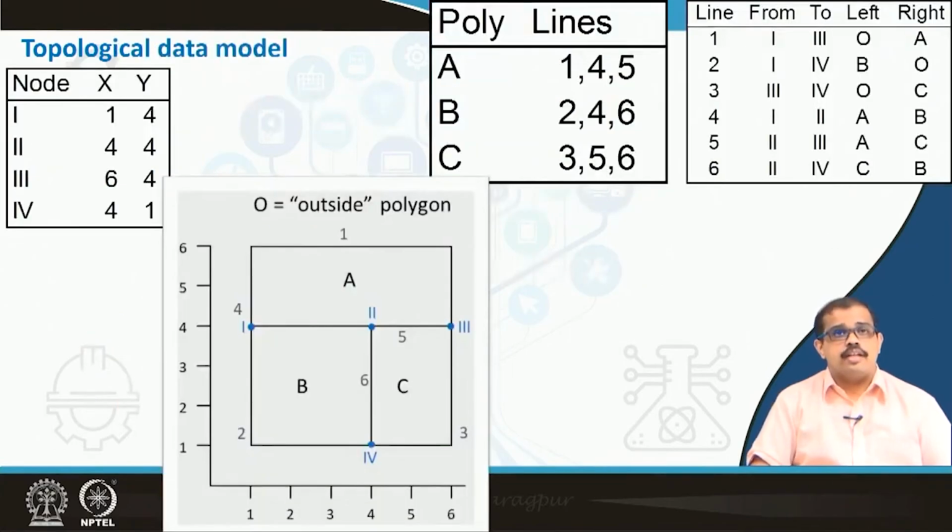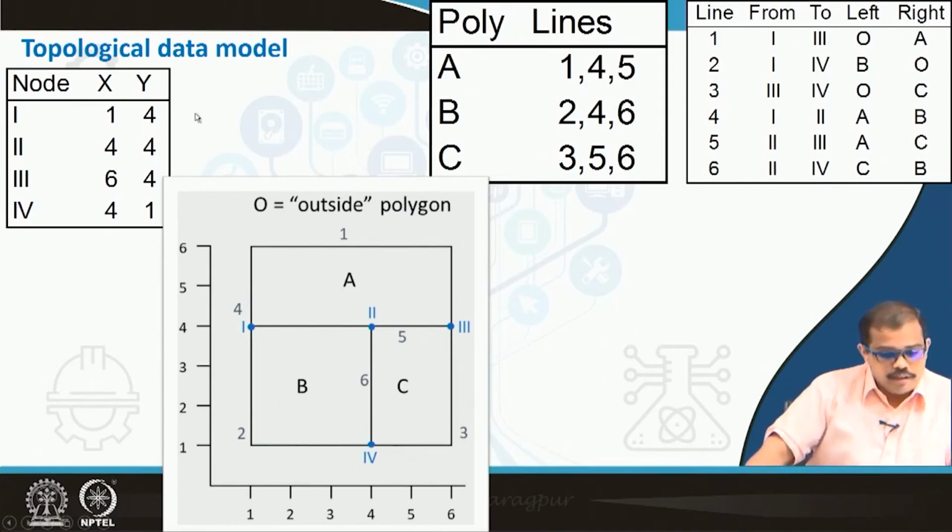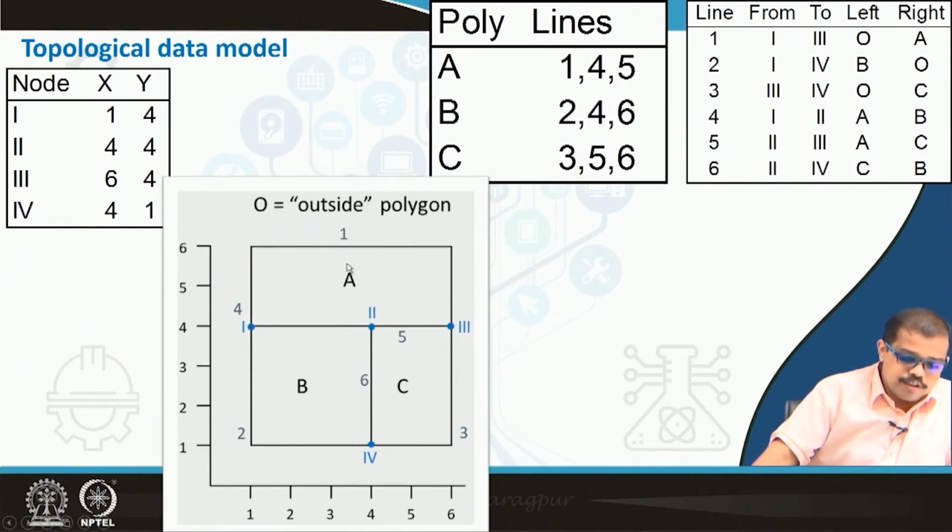When we look at the topological data model, for example here, node 1 is a point that is represented between 1 and 4. If you look at this particular node, node 1, these are connected by 1 and 4, whereas node 2 is about 4 and 4, it is connected by 4.